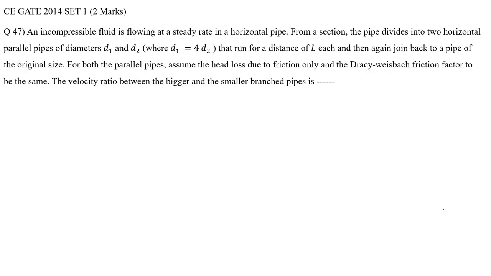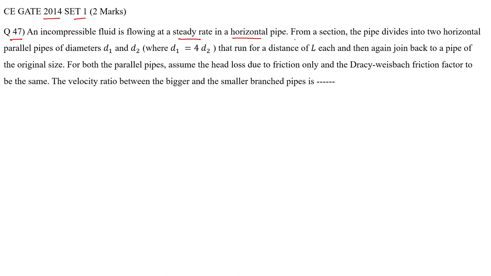Okay, so let's move to the questions. We'll solve three questions in this particular session. Now let's see the first question. This question is from GATE 2014 set 1, question number 47. The question is as follows: an incompressible fluid is flowing at a steady rate in a horizontal pipe.